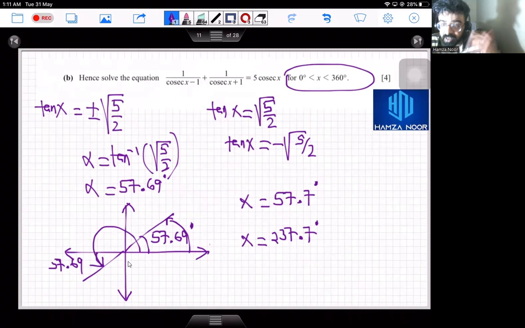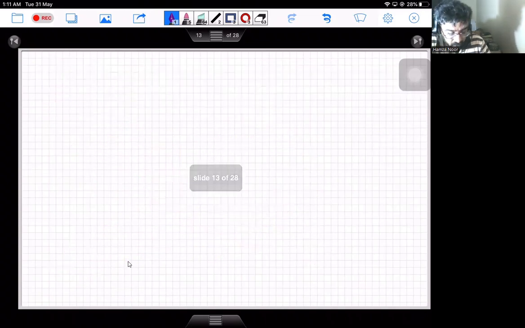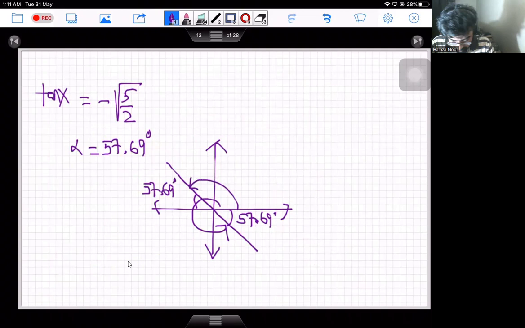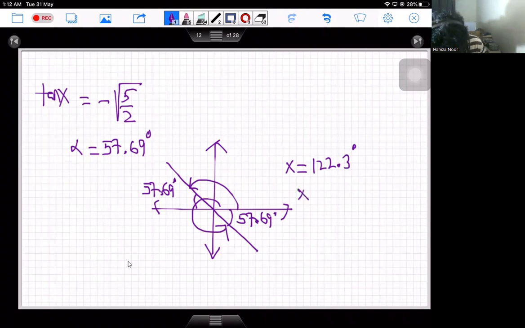If negative angles were required, we would go clockwise as well. So 180 minus 57.69 is 122.3, correct to one decimal place. And the other one is 360 minus 57.69, which is 302.3.